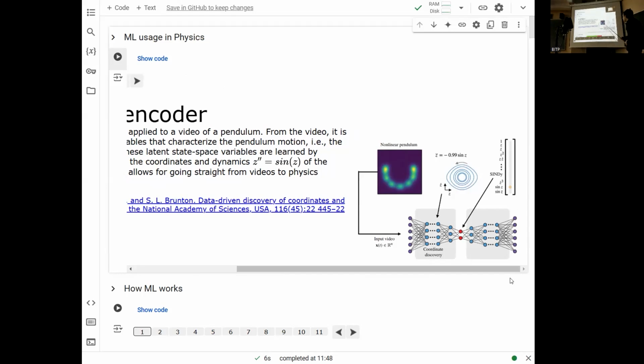This is a so-called autoencoder, so it compresses all the information we have in the video into a few parameters in some parameter space. Then we try to get from these parameters an equation that will describe our system.